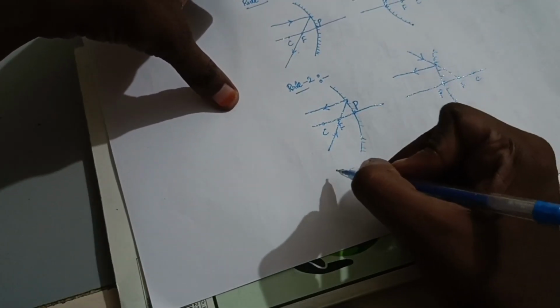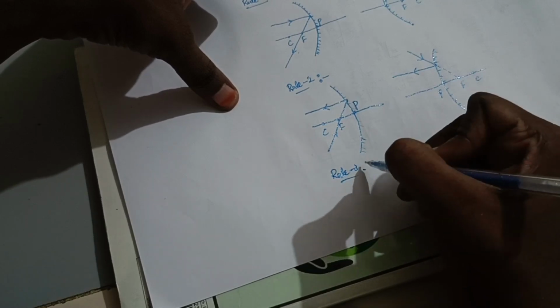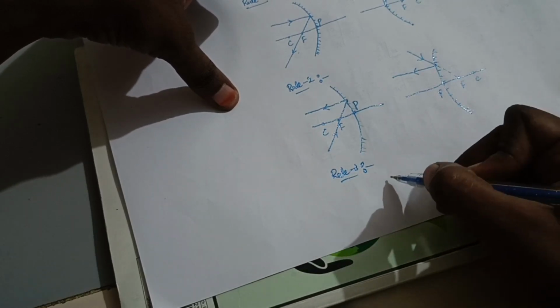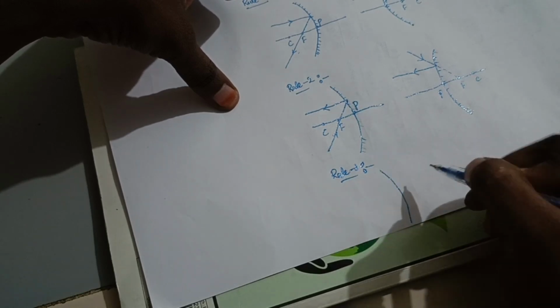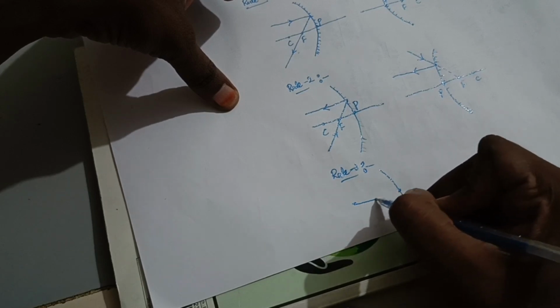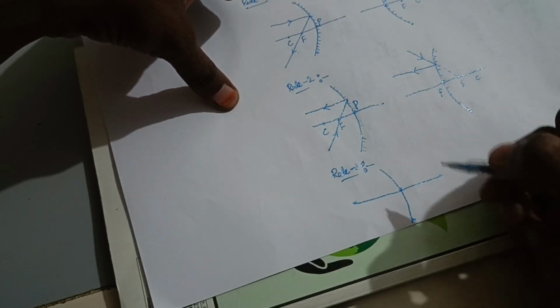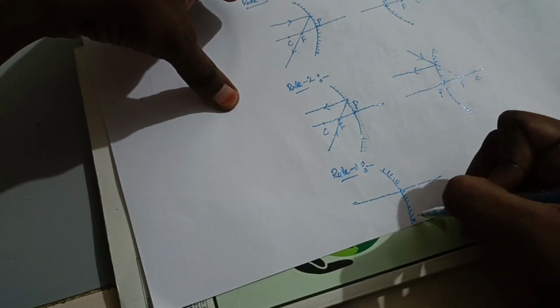Next we will see rule 3. Rule 3 is, if the incident ray strikes the pole, it may be for a concave mirror or convex mirror, if the incident ray strikes the pole obliquely with some angle, then the reflected ray moves away from the pole with the same angle.